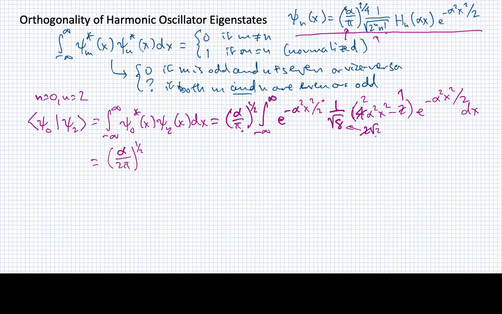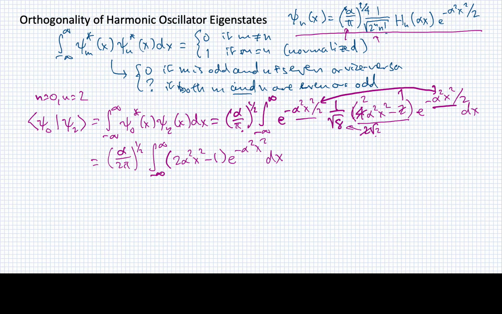And then when I combine these two exponentials, that's the sum of the exponential powers, so since I have two of the same thing, it'll just end up being that thing times 2. So I'll have the integral from minus infinity to infinity. I'll have the polynomial part, which is 2 alpha squared x squared minus 1, times e to the minus alpha squared x squared, and this dx.